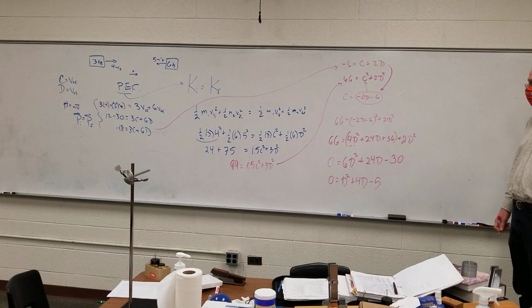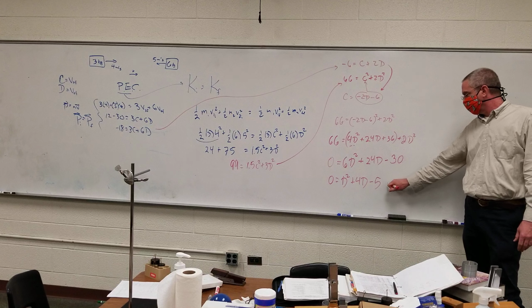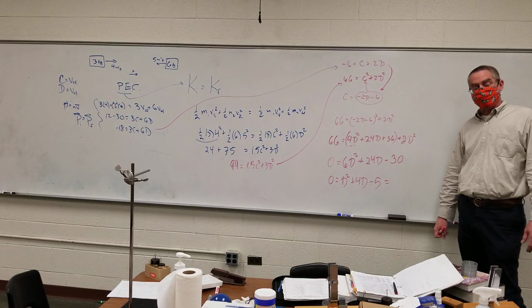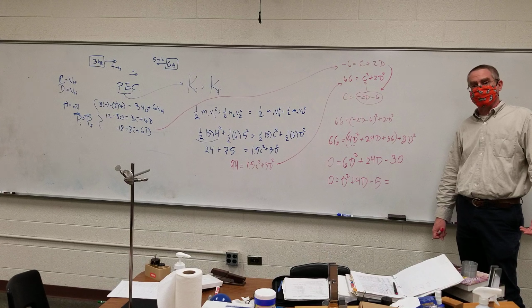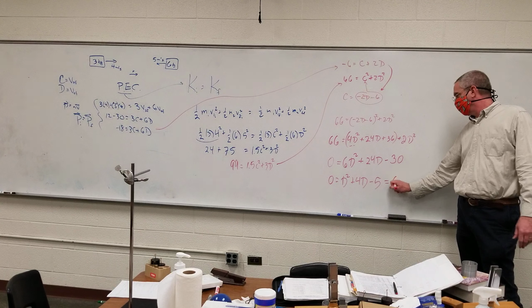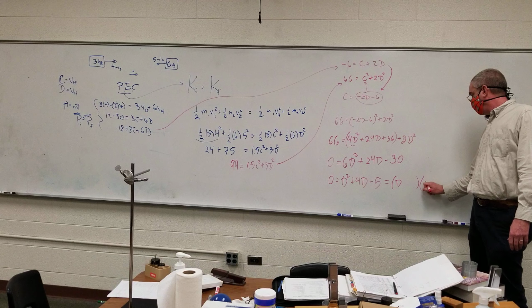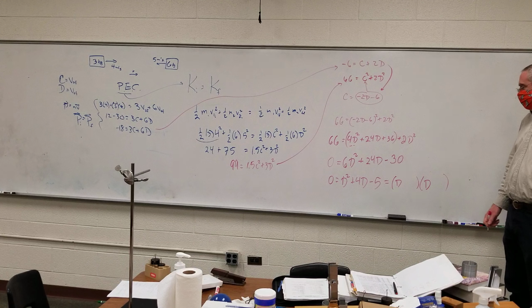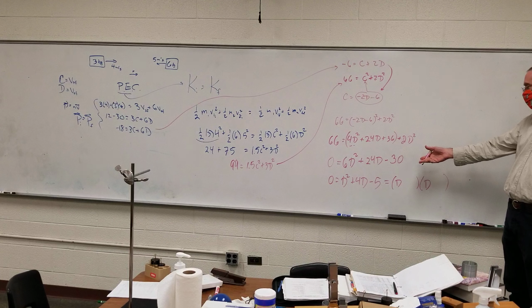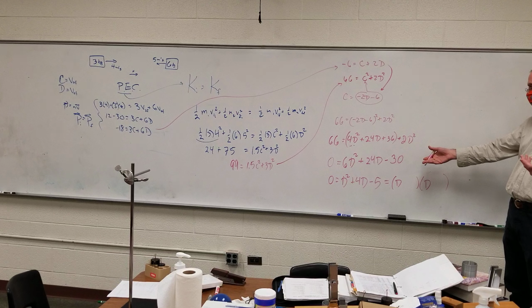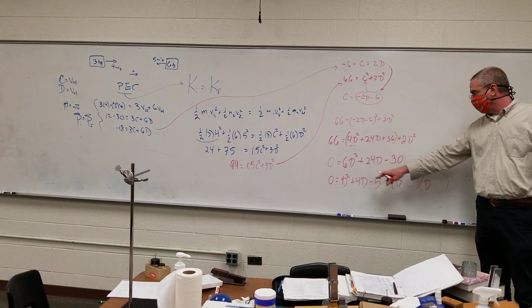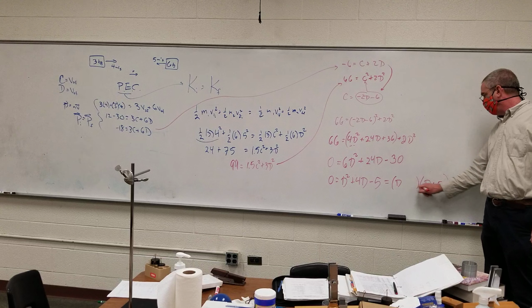And that actually can be factored. Or quadratic formula fans, you want to use the quadratic formula or just factor? Let's just factor. So I got D and D. I want to multiply them together to get negative 5, which would be 5 times 1. And I want the middle term to be positive, so it's plus 5 minus 1.